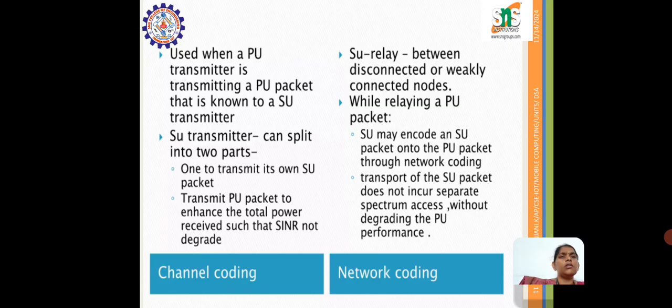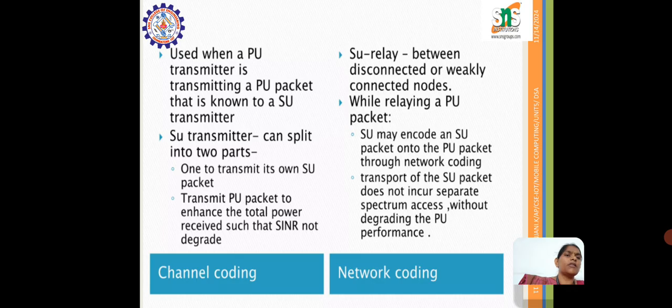Channel coding is used when the primary user transmitter is transmitting a primary user packet that is known to the secondary user transmitter. The secondary user transmitter can also split its power into two parts, one to transmit its own secondary user packet, and the other to transmit the primary user packet to enhance the total power received, so that the SINR is not degraded. That is channel coding.